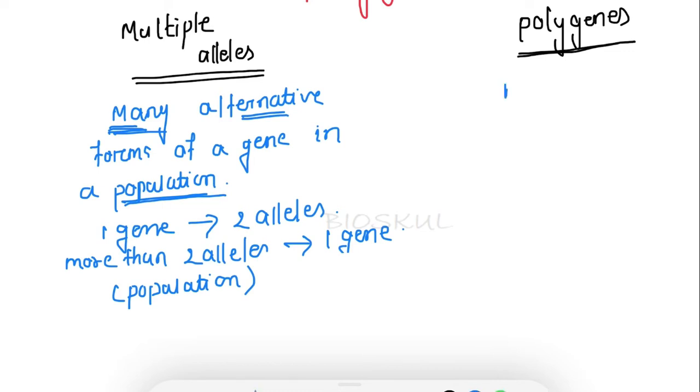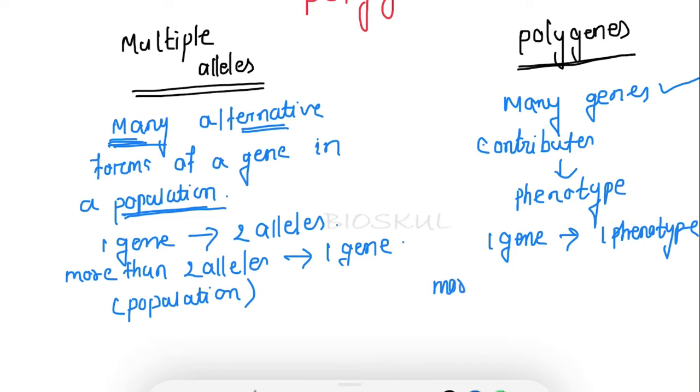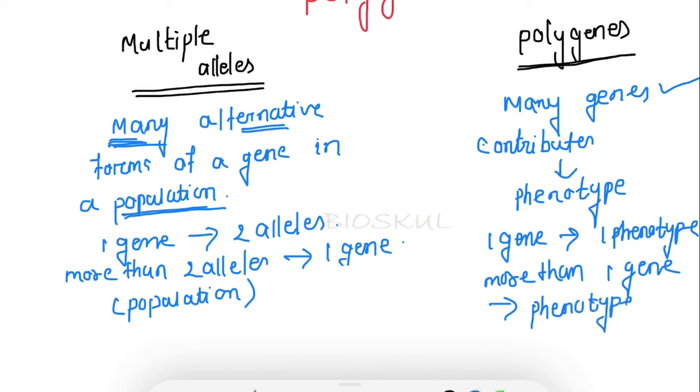Now coming to polygenes. Poly means what? Poly means many. Many genes contribute to a phenotype. What did Mendel study? Mendel studied that a single gene contributes to one phenotype, one gene, one phenotype. But in polygenes, more than one gene contributes to one phenotype.